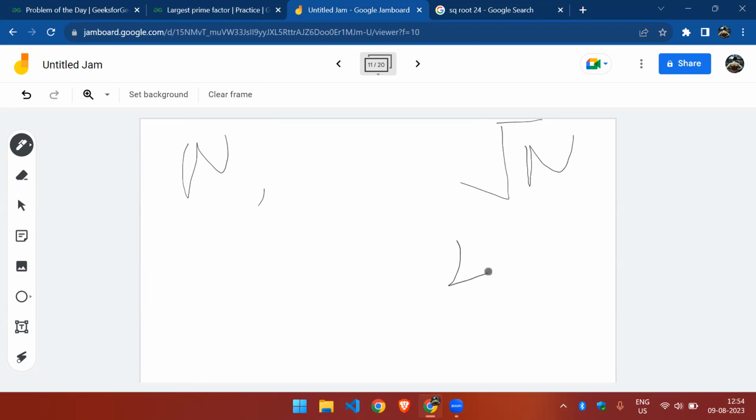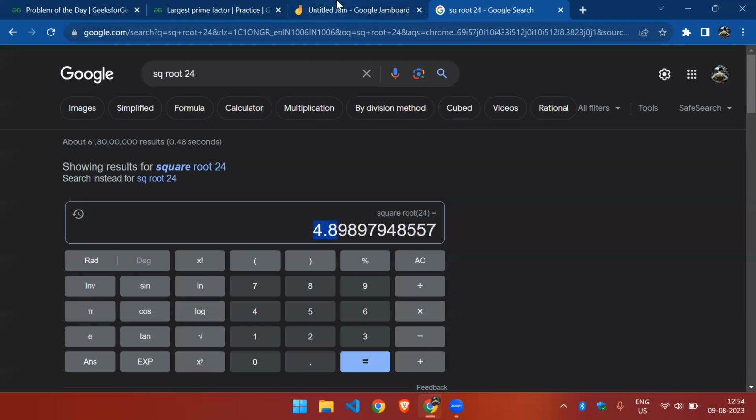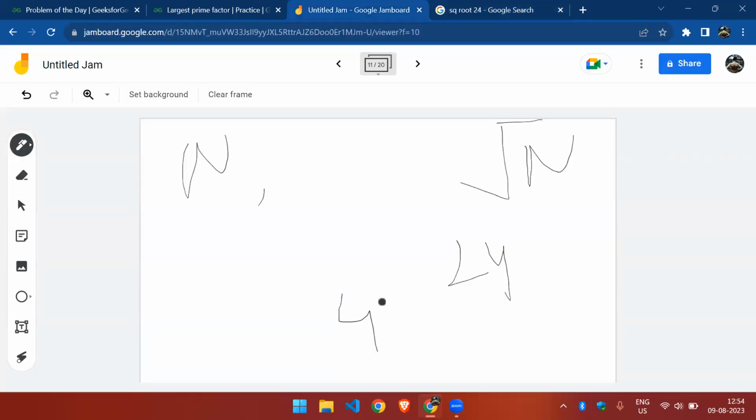If you consider the example of 24, it is a composite number and the prime factor for 24 exists till 4, since square root of 24 is 4.89, which is approximately, in integer, 4. As you can see, we've just found out that the prime factor of 24 is 3, and 3 is clearly less than 4. So this theorem is valid.